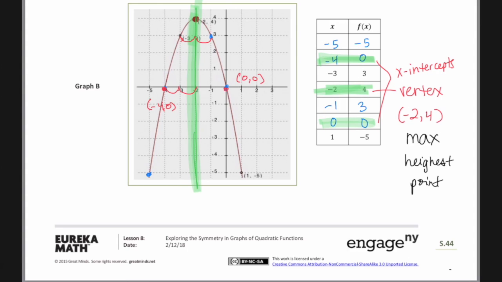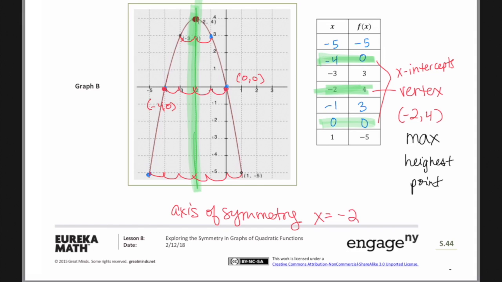So look at your intercepts, for example. Your intercepts are at -4 and at 0. And if you were to count how far away they were from the axis of symmetry, they would be 2 units away. And so you can grab any point on this graph that is sharing the y value. It's going to take them the same amount to get to the axis of symmetry from each other. So it's super useful to know where your axis of symmetry is.